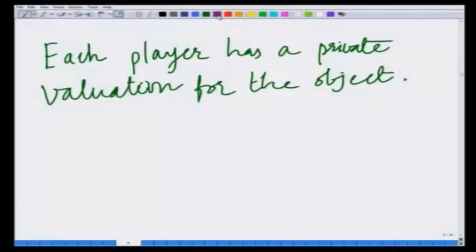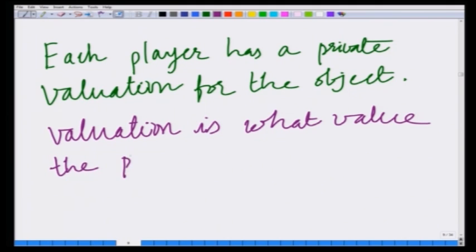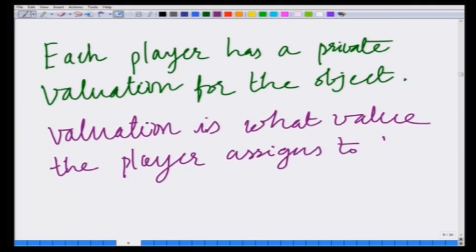Simply put, a valuation is the value that the bidder assigns to the object.